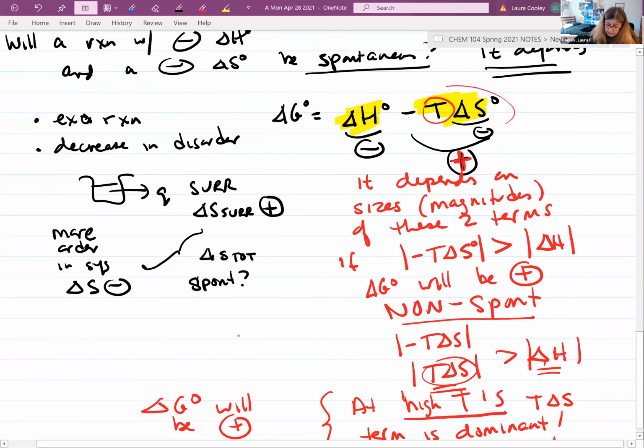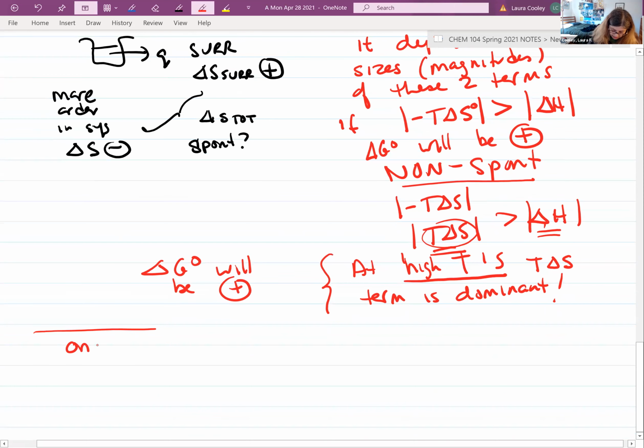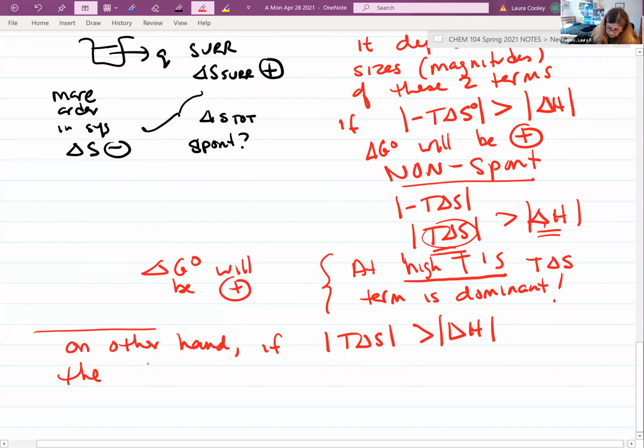If we look at this again and we say, well, what if the temperature is low? If the magnitude of this term is smaller than the delta H term, then the delta H term is going to be dominant and the delta G0 will be negative. So on the other hand, if T delta S is less than delta H, the delta H term is the dominant one.